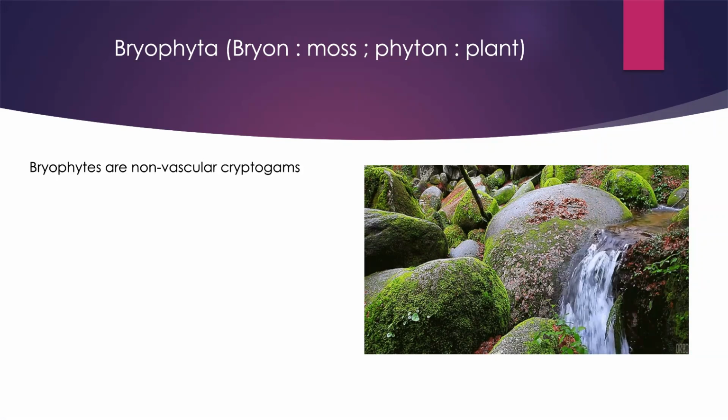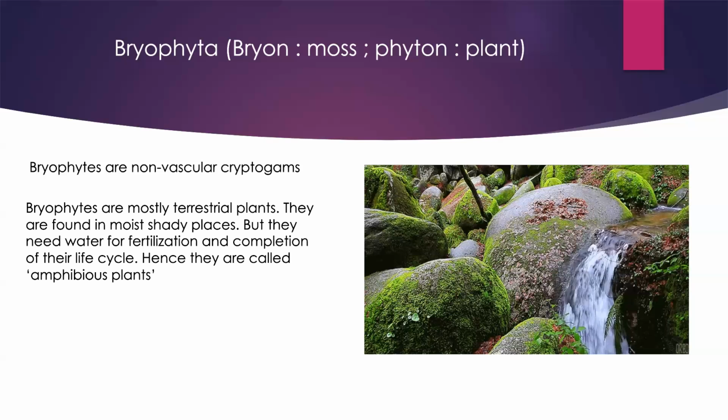Bryophytes are non-vascular cryptogams. That means they are non-flowering, spore-bearing plants and they do not possess vascular tissues, xylem and phloem. Now about the habitat of bryophytes. Bryophytes are mostly terrestrial. That means they grow on land.